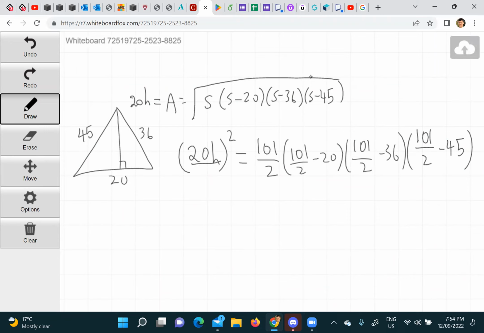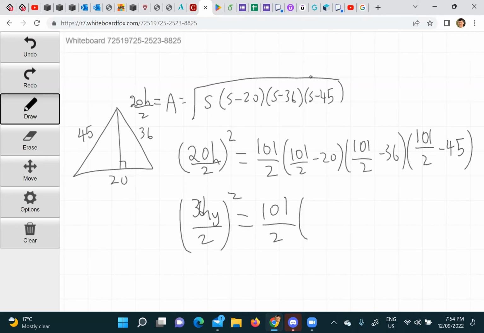So it's half of 20h squared, right? It's 20h on 2, it's only 10h. Okay, and then it's like 36hy on 2 squared equals 101 on 2. So we might not even have to evaluate this.